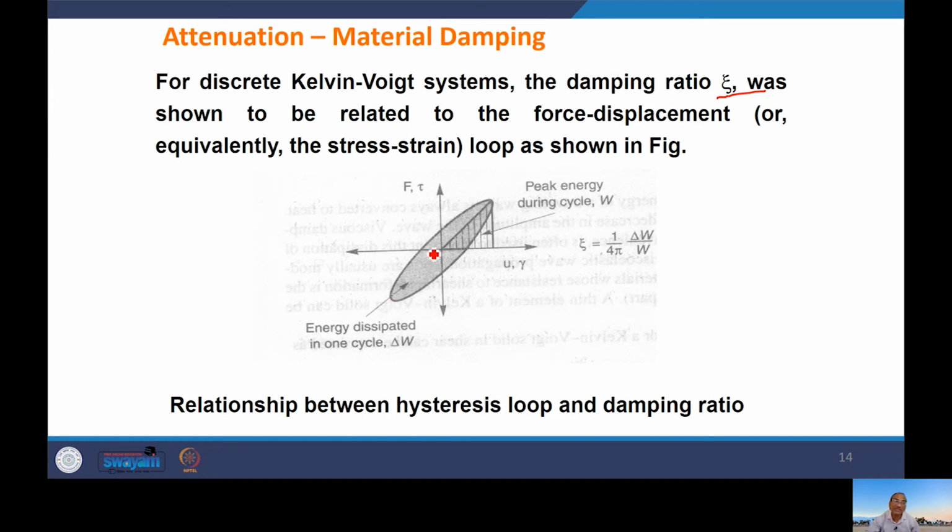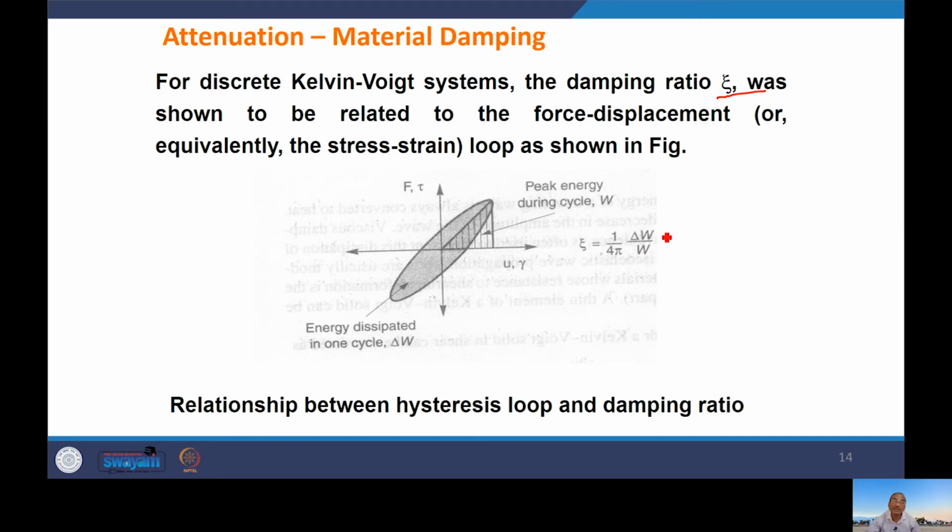In this stress strain loop, the total area of this loop is denoted as del W. So the energy dissipated in one cycle will be del W, and the peak energy will be W, which is the area of this triangle. So the ratio of del W by W divided by 4 pi gives you the damping ratio.